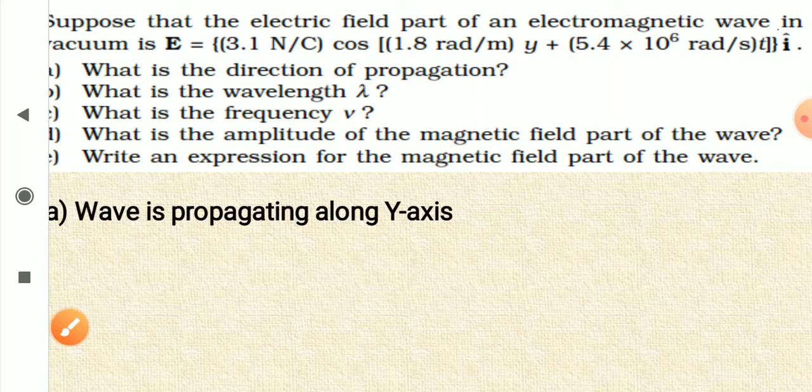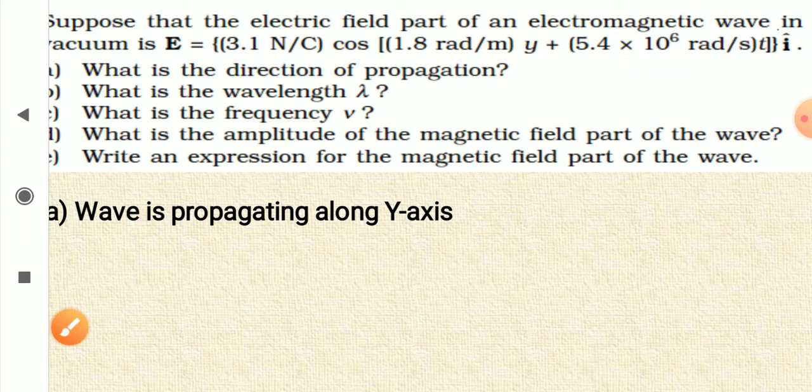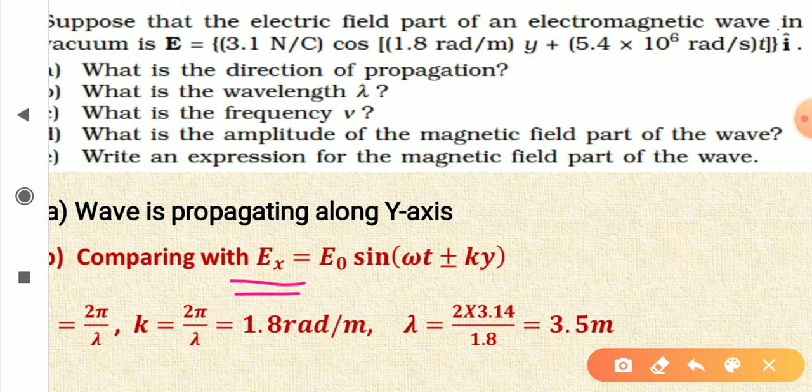So we'll pick up. The wave is propagating along the y-axis, as I've just discussed. Now we are writing the general equation of the electric field, which is oscillating along the x-axis, and the wave is propagating along the y-axis.